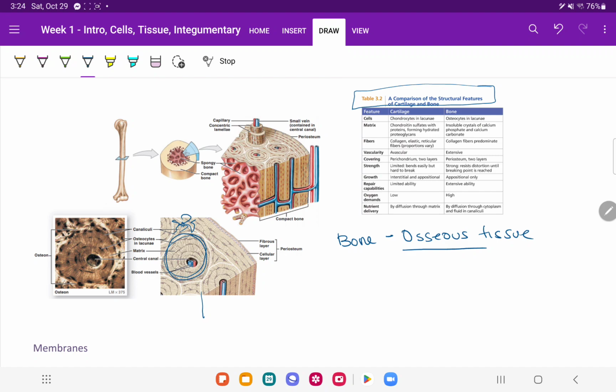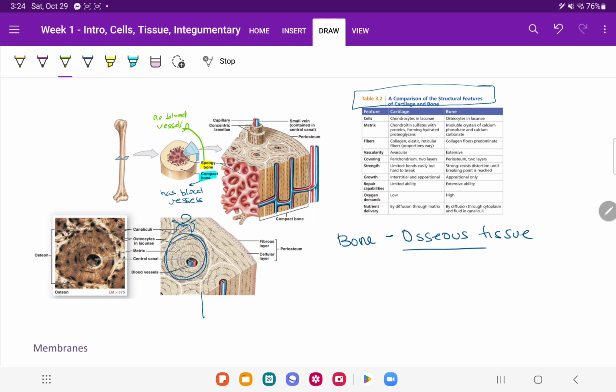So there are going to be two types of bone, right? We're going to have spongy bone and compact bone. Compact bone contains blood vessels trapped within the matrix. Spongy bone does not have blood vessels.